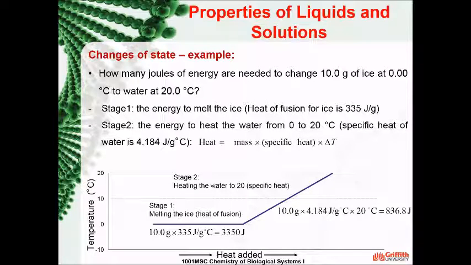As we have 10 grams, we need to warm it up from 0 to 20 degrees Celsius, making the delta T 20 degrees. So, we need 836.8 joules. The total heat needed to do both these stages is the sum of both heats, which is equal to 4.19 times 10 to the 3 joules.